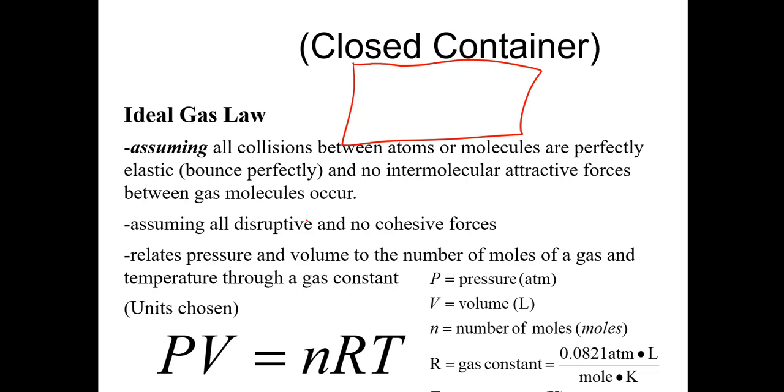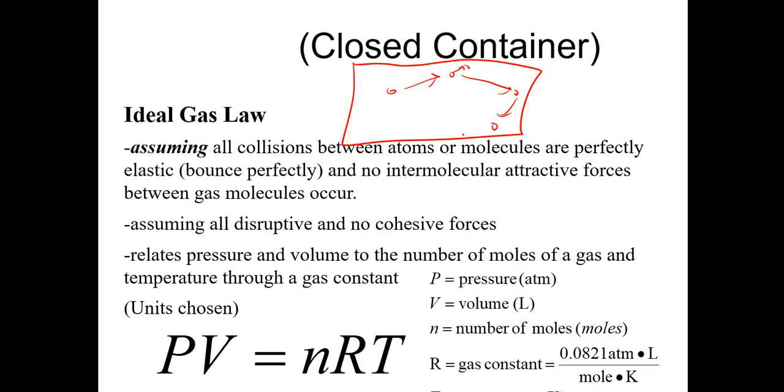Assuming we have a closed container where the volume doesn't change at all and it's not exposed to the atmosphere. Here we have a couple particles that are moving around, and they're bouncing against the inside of the container.